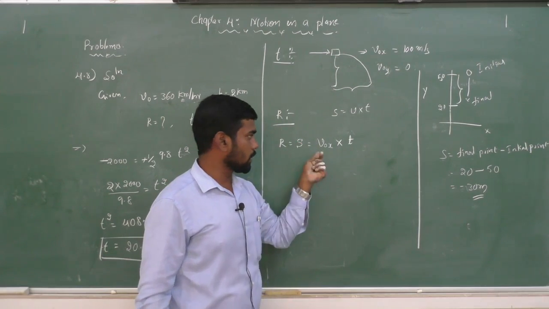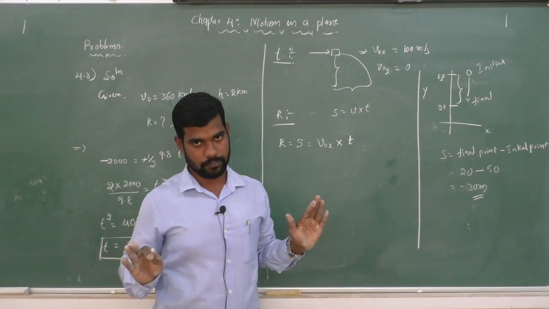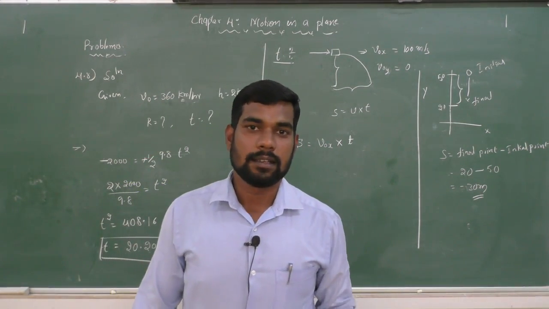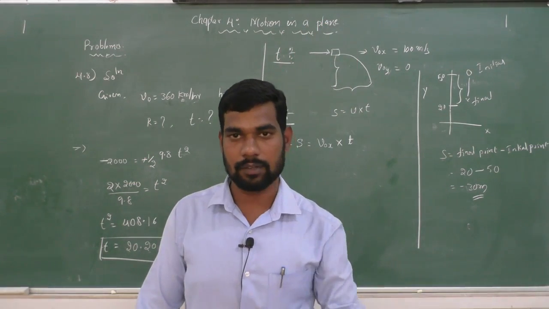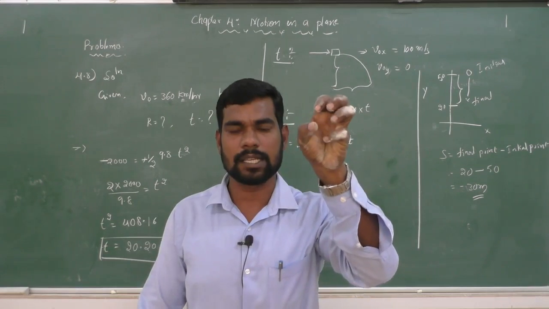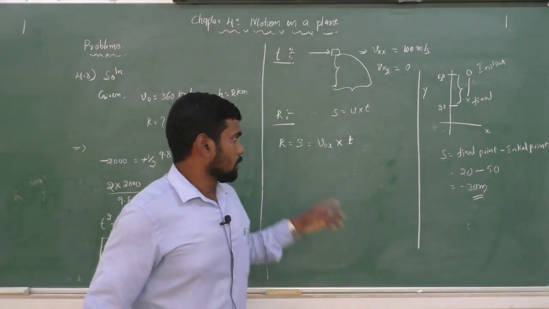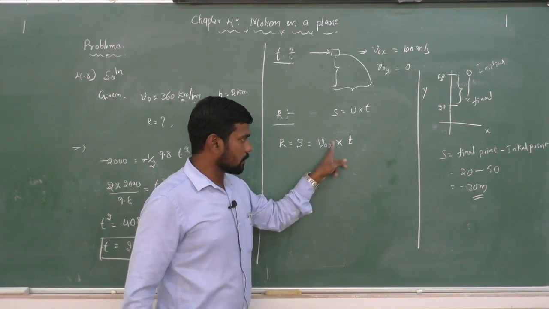Don't get confused, the time will be the same. The horizontal distance traveling time will be the same as the vertical distance traveled, because we have taken the same projectile. So the horizontal distance traveled is given by horizontal velocity into time.